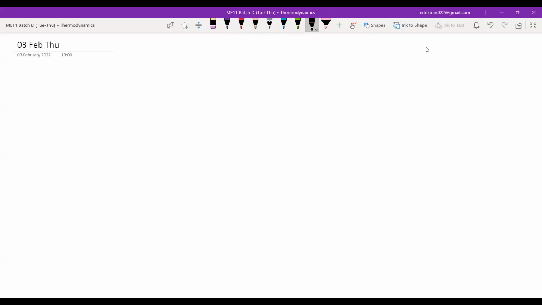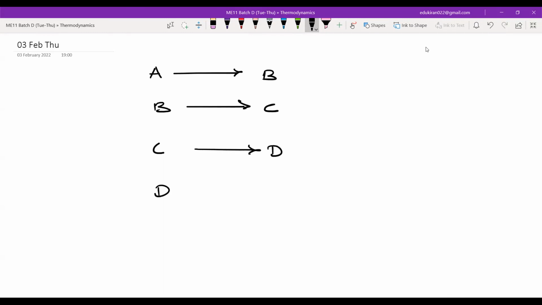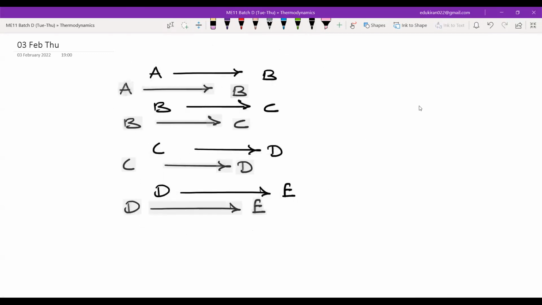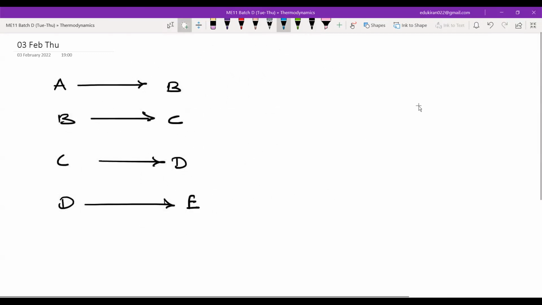It is used in reactions such as if you have A giving you B, B giving you C, C giving you D, D giving you E. If you have these reactions, these are all thermochemical equations.